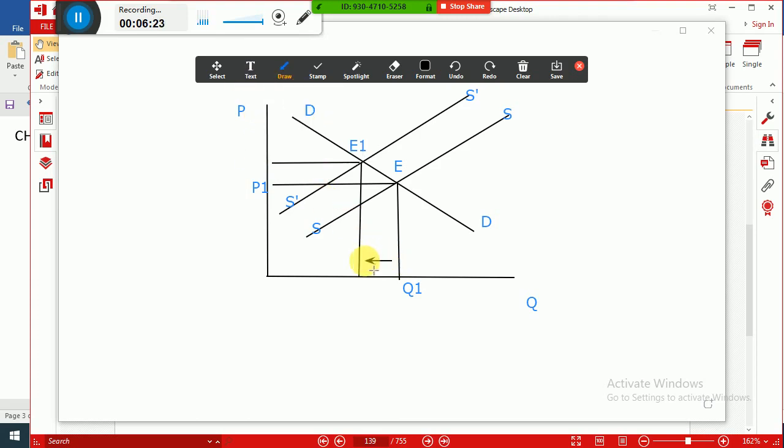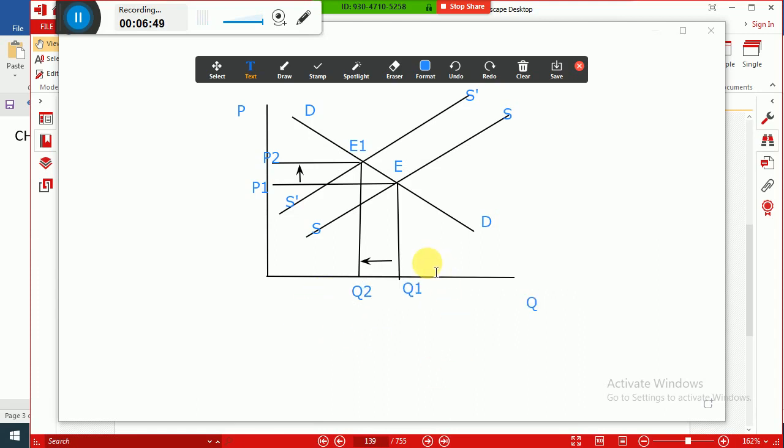So equilibrium quantity has decreased from Q1 to say Q2. However, price has increased from P1 to P2. So this is the new price P2 and this is the new quantity Q2.